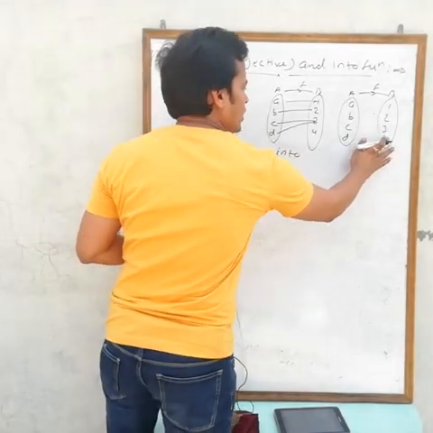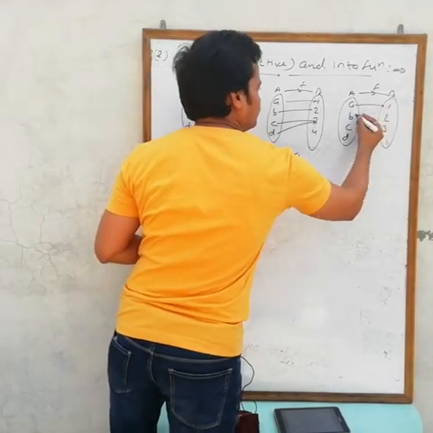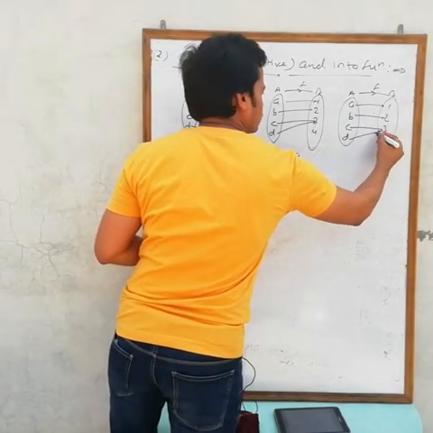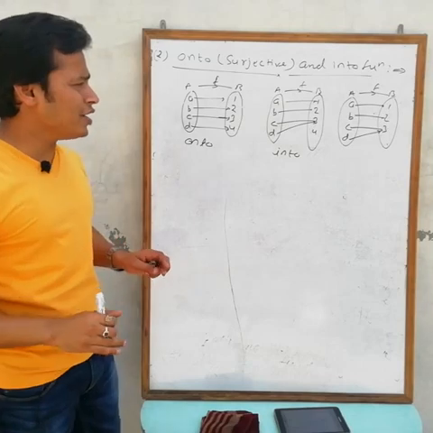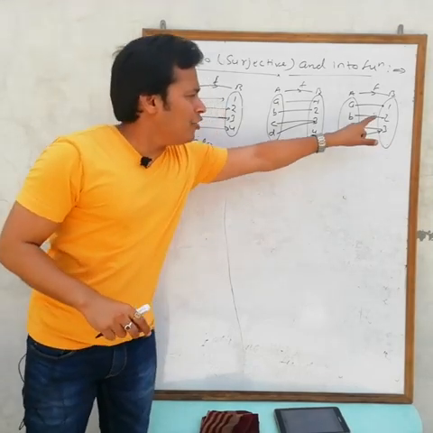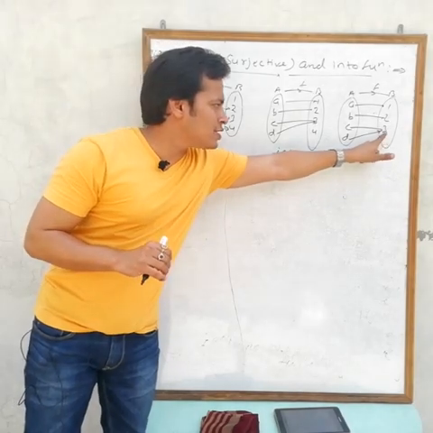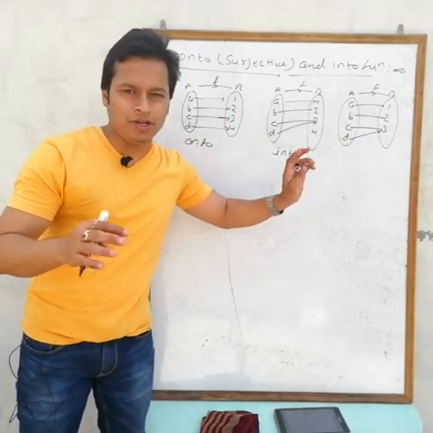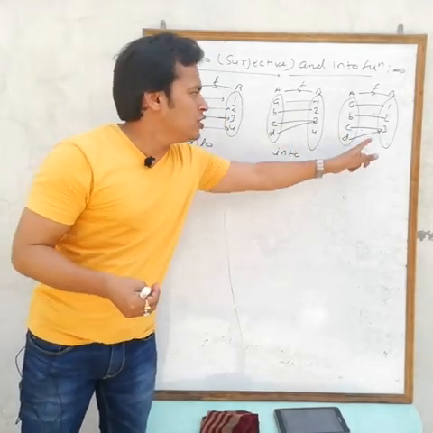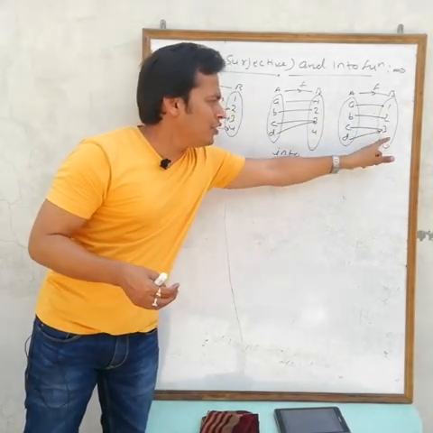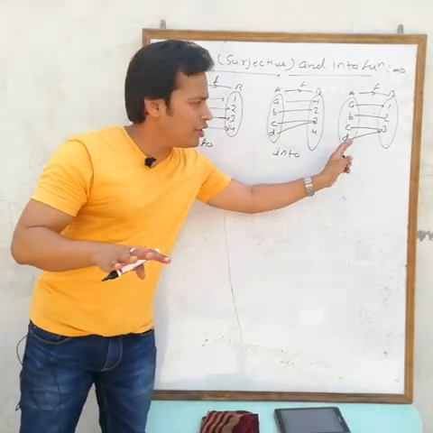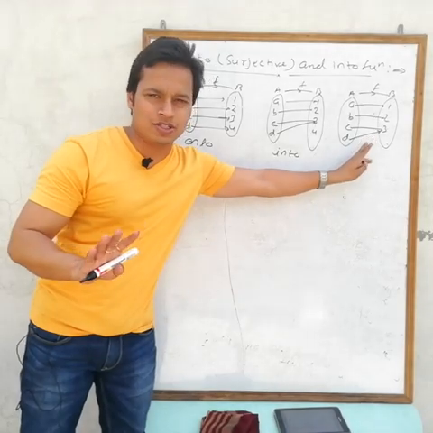Now suppose this one. Again, every element in set B has at least one pre-image, one has 2 pre-images, no problem, but we want at least one pre-image. So there is no element which does not have any pre-image. So this is also onto.